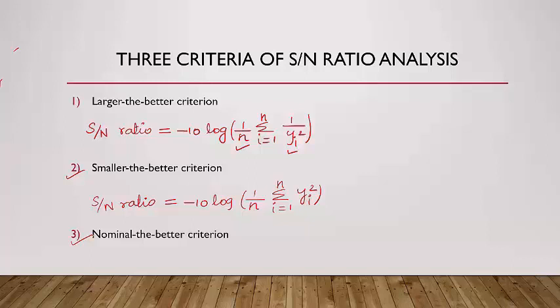The formula for the nominal the better criterion is SN ratio is equal to 10 log y bar square divided by sigma square. Here y bar is the mean value of the obtained output responses for different trials, and sigma is the standard deviation.